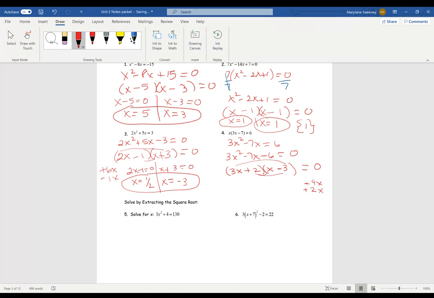And the lasts will still multiply to negative 6, so I want to make sure that that is the case. Otherwise, I don't know if I have it factored correctly. 3x plus 2 equals 0. x minus 3 equals 0. This is x is negative 2/3, and this is x is 3. So those are my answers.